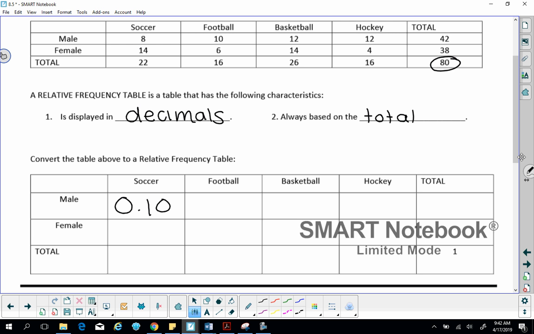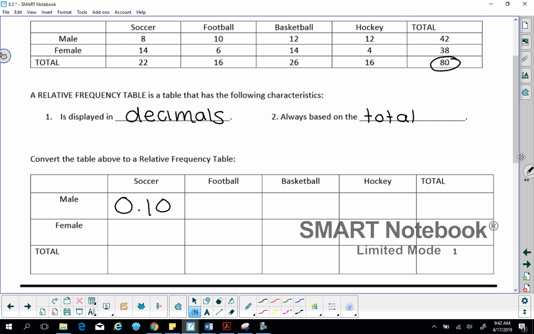I'll give you another 30 seconds. Yep, you divide each one by 80. This one will be 80 divided by 80, which is 1. Okay, let's see how we did.